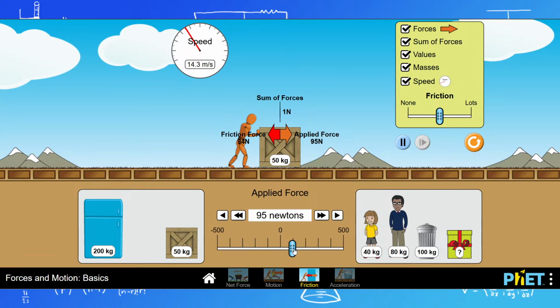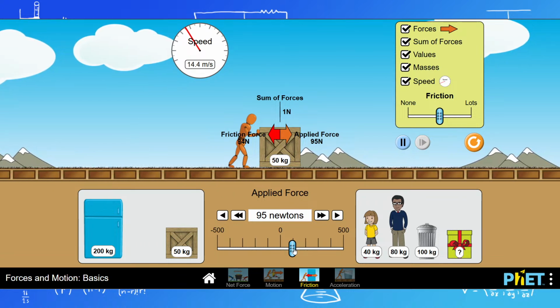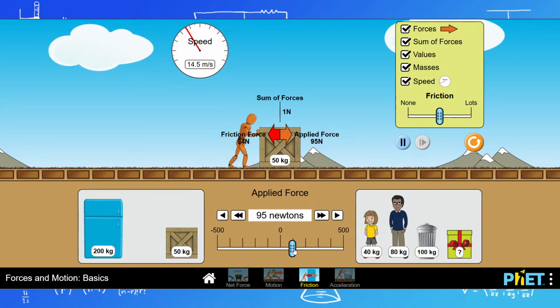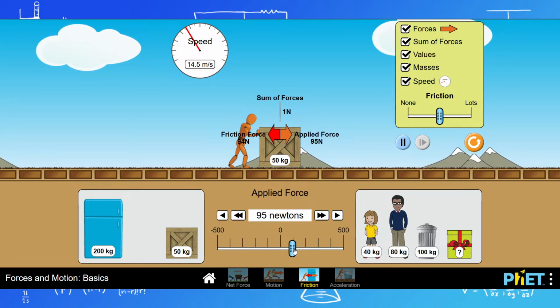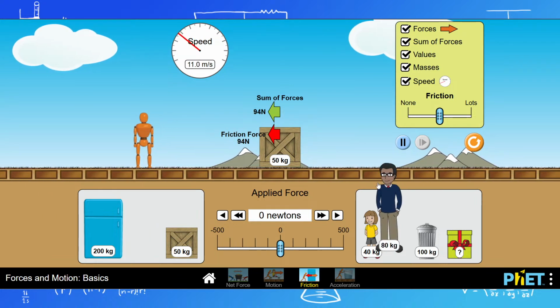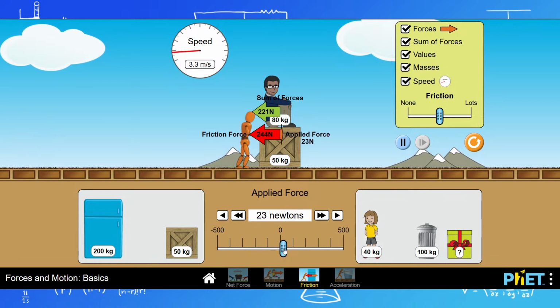It's still increasing because I can't get it quite at 0 force. But there you go. If you can get the net force on an object to be 0, and you can probably do it more precisely if you put more mass on this thing. Let's see what happens now.